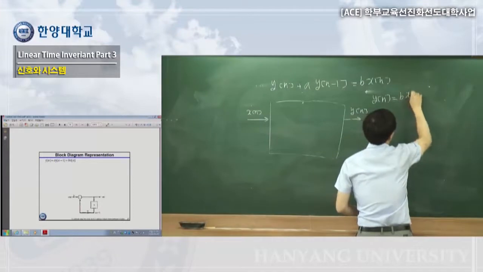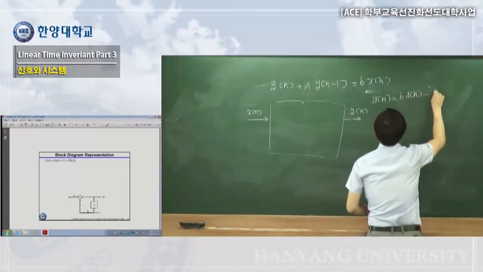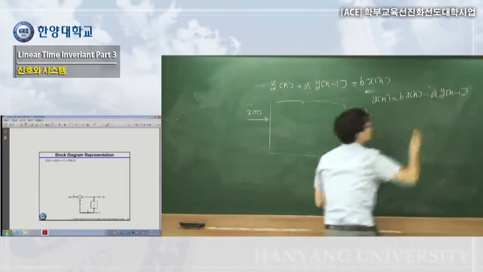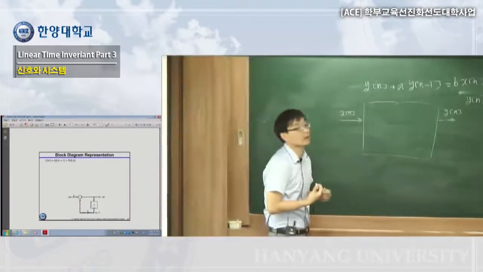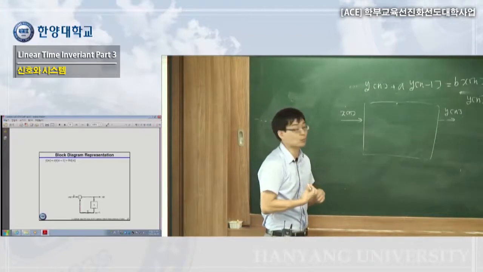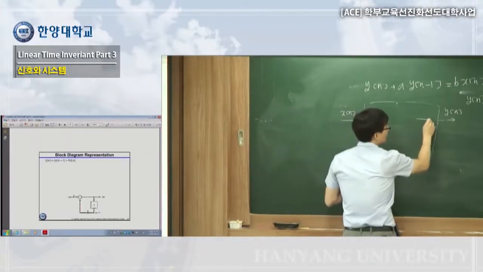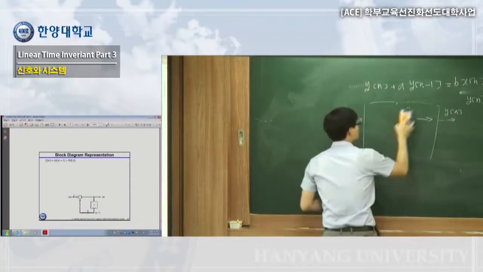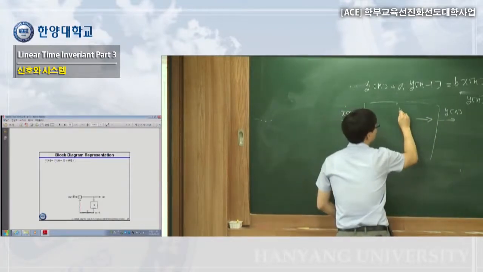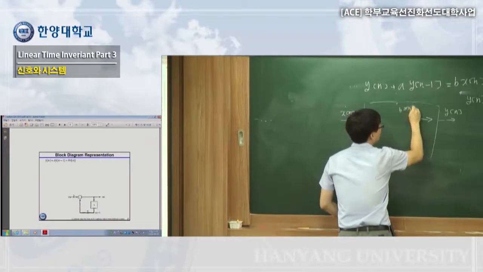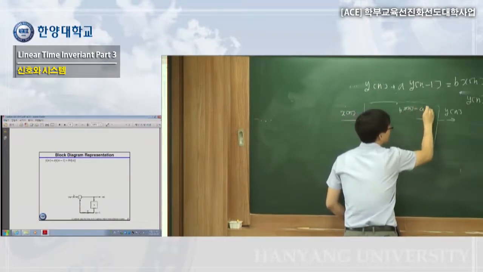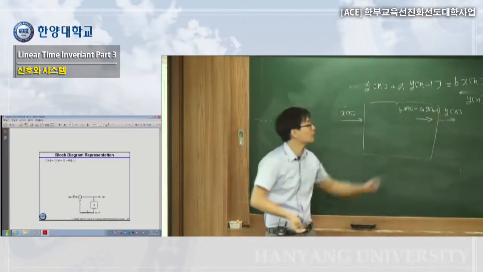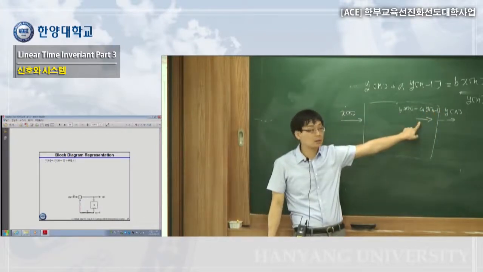So we want to have b x[n] minus a y[n-1], right?